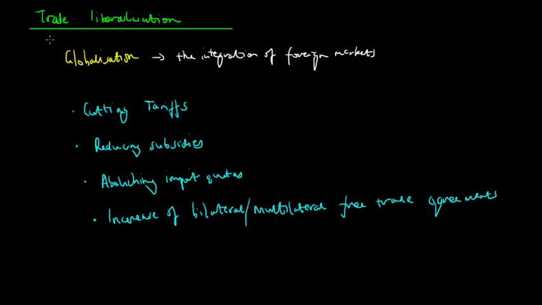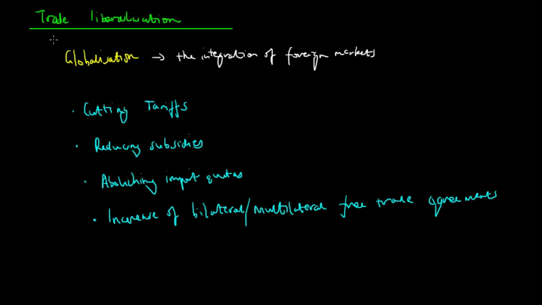But now, just note that trade liberalization is when the government cuts tariffs, reduces subsidies, abolishes import quotas, and increases the number of bilateral or multilateral free trade agreements between us and our trading partners. Scaling back other protective devices has also contributed to trade liberalization.